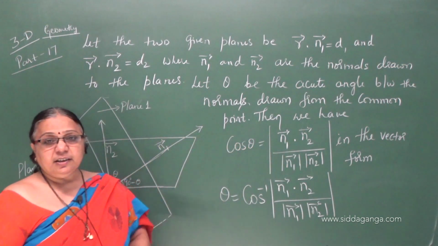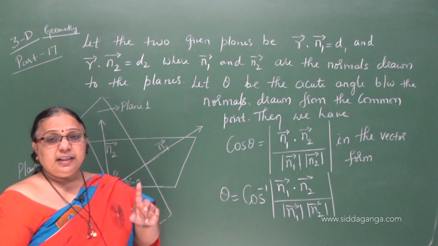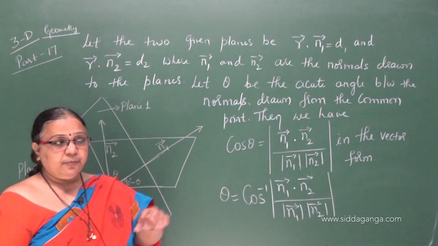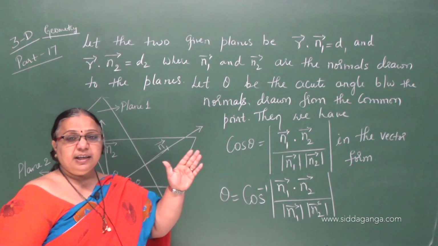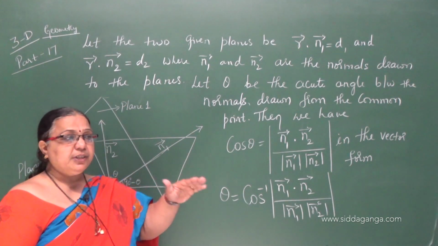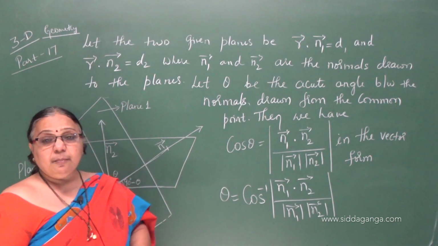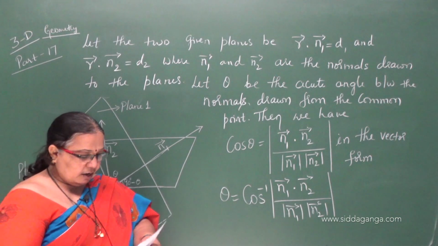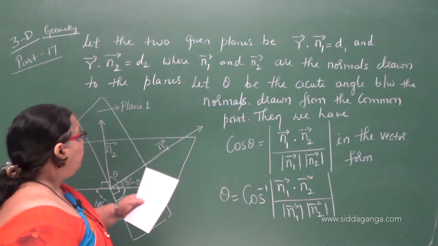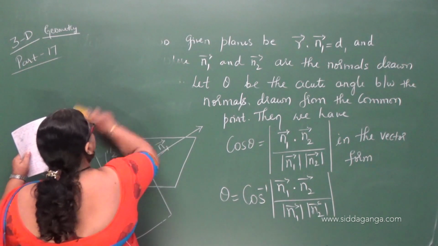Already we know that two vectors are perpendicular if their dot product is 0. Similarly here, n1 dot n2 equal to 0 means that the two normal vectors are perpendicular to each other. Now let us write this as a note.